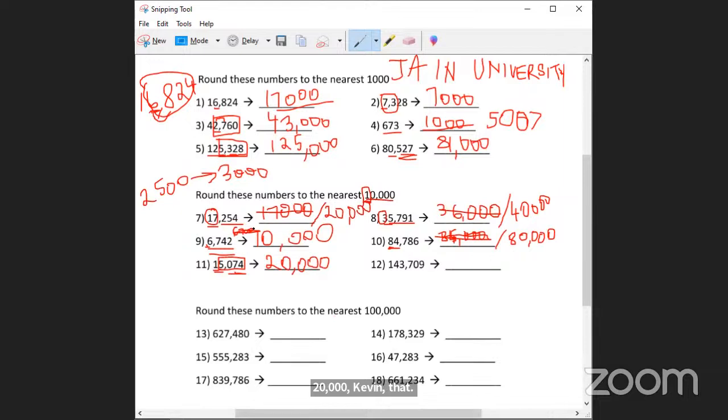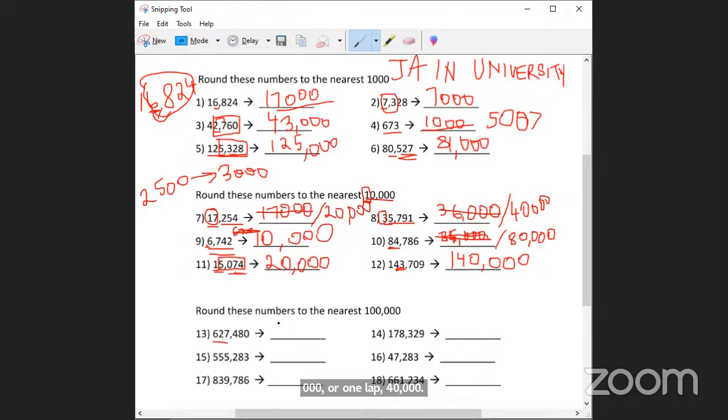Yes, 7 is in the thousands place, not in the 10,000 place. That is why we are taking this as 10,000 as the answer. And here 10,000 place we have 4. So it is 43,700. So the nearest one is 140,000. Nearest 10,000 should be rounded. I hope it is clear.